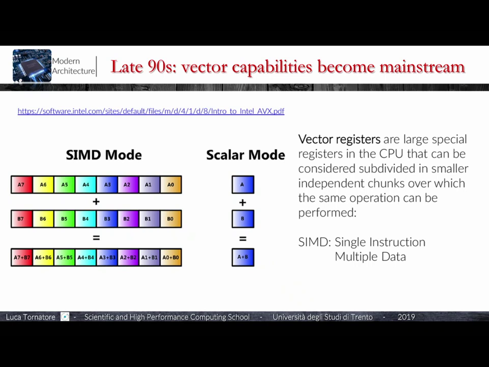But the point is that those chunks act independently. That is the key factor, because the point is not that they are huge. Of course, it's important, but the point is that you can treat those little chunks independently.